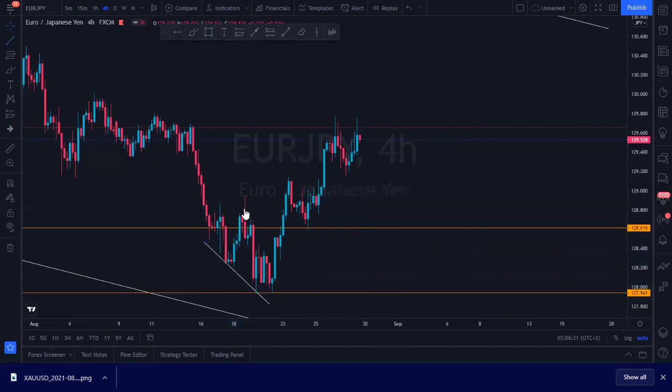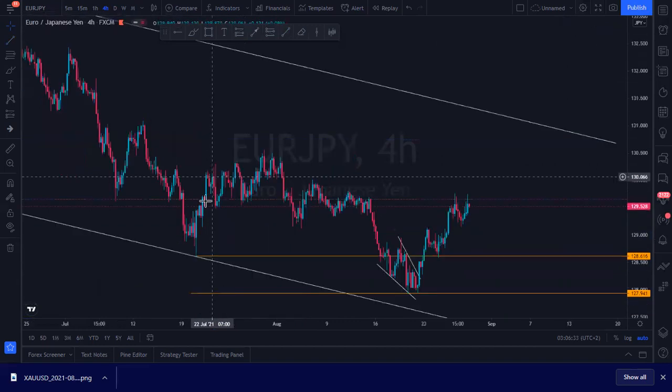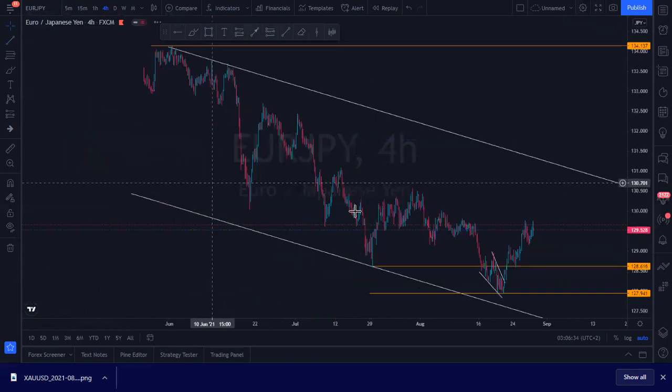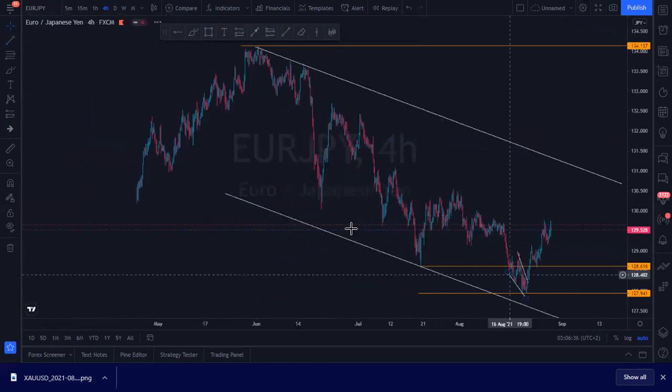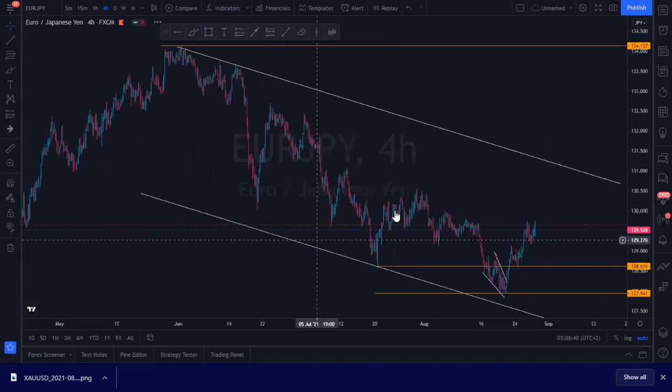Now you see a combination of resistance and trend line structure. It's beautiful.